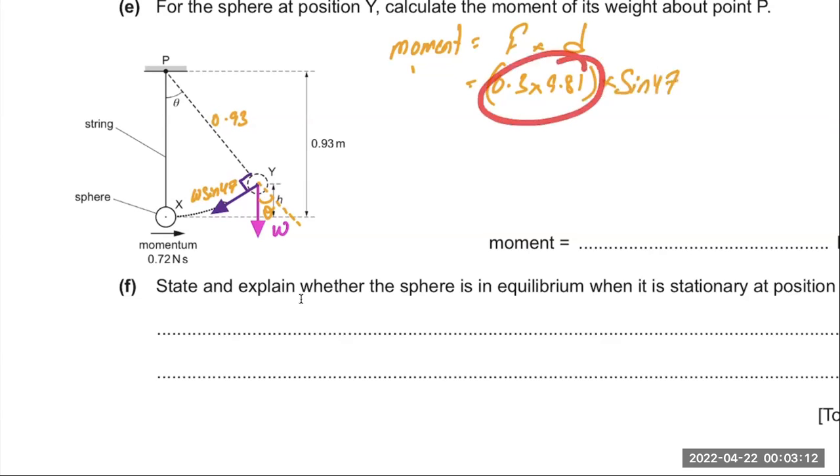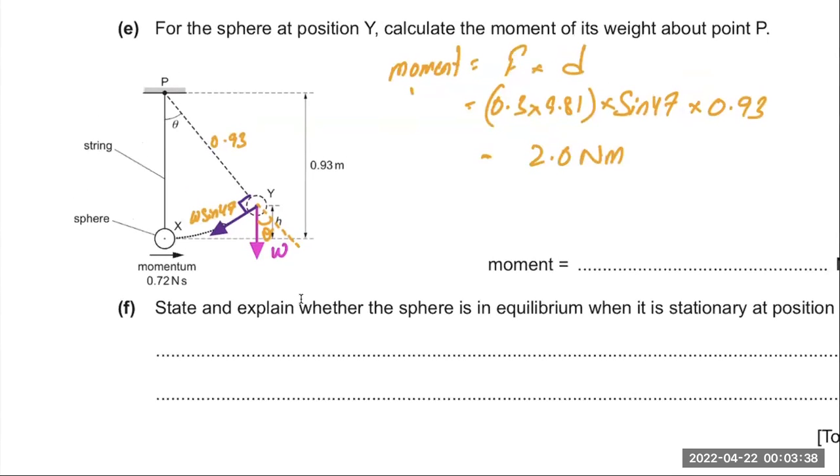This is the weight multiplied by sine 47 into the distance, which is 0.93. Using this, we'll get our answer for the moment. Moment is equal to 2.0 Newton meter.